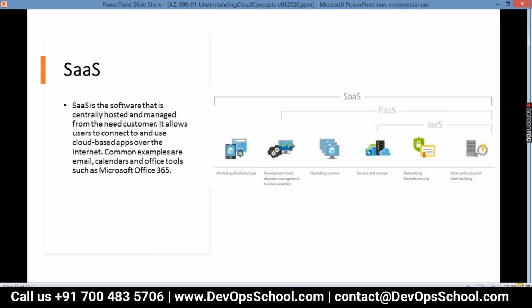Software as a service is the uppermost layer.